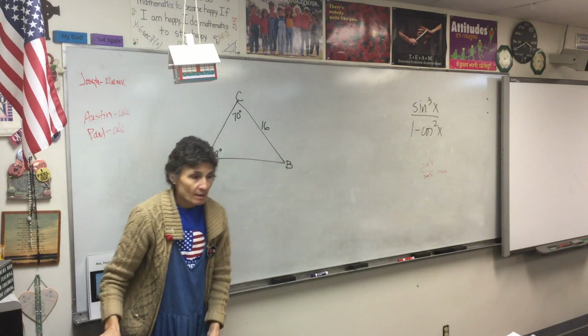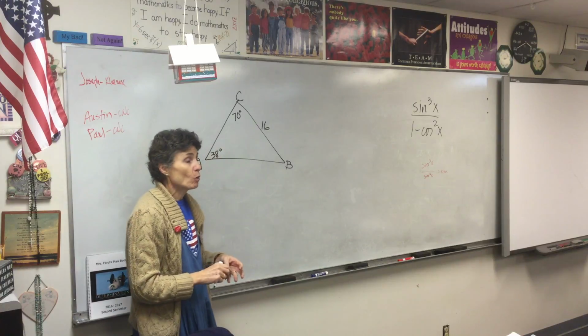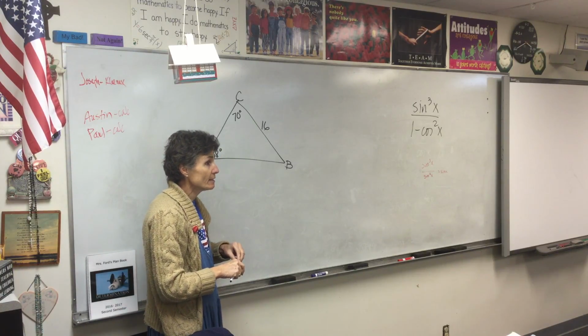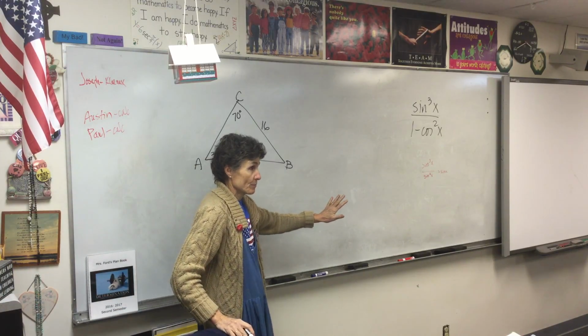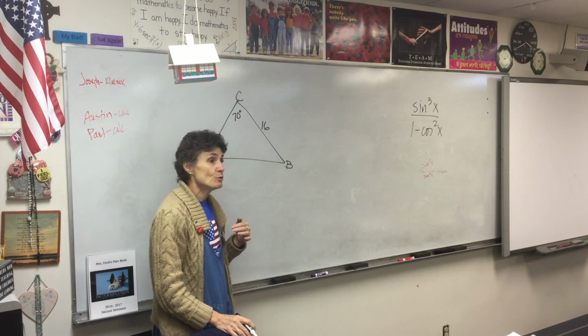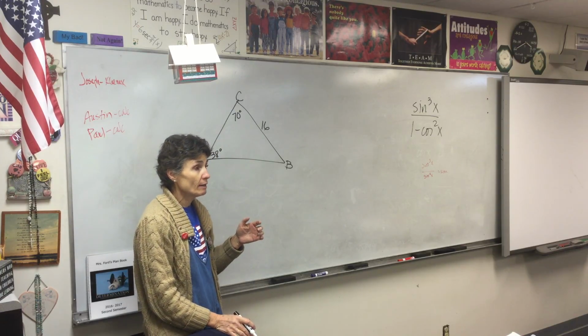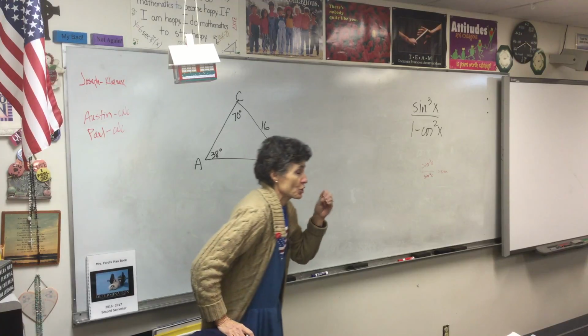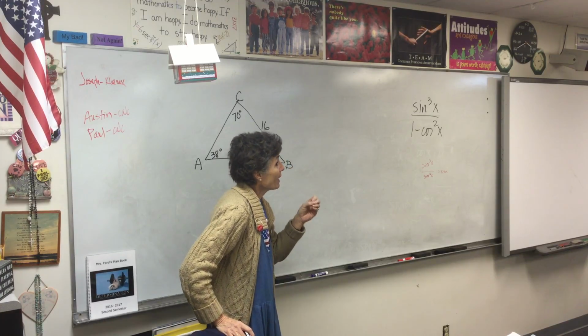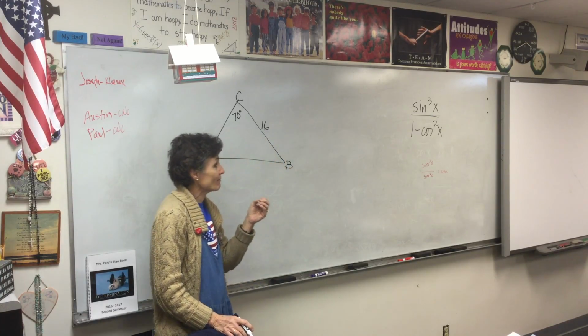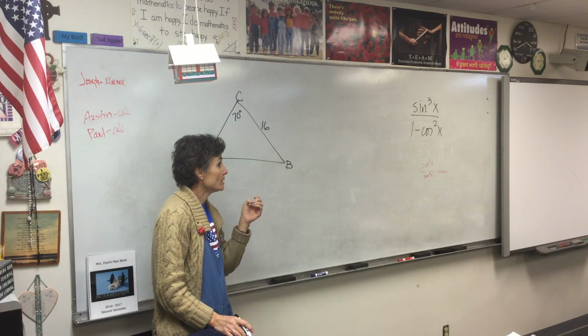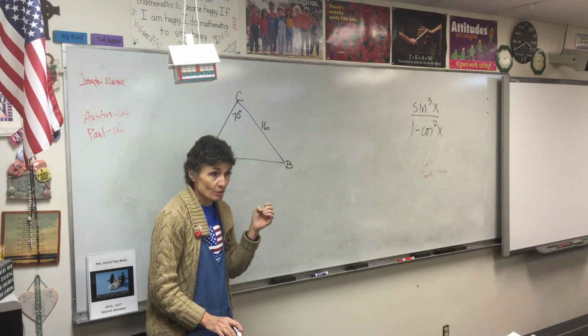So the whole SOHCAHTOA thing is gone. Because when you use SOHCAHTOA, what does the H stand for? Hypotenuse. And if you don't have a right triangle, then you have no hypotenuse.